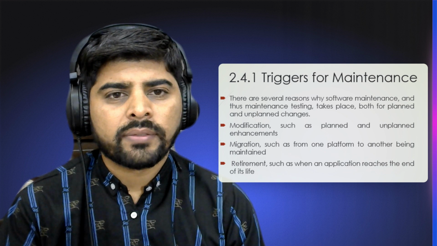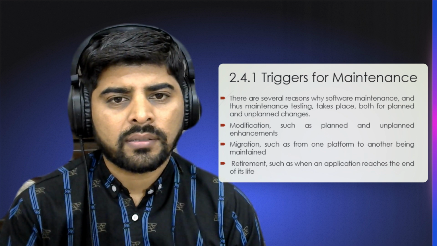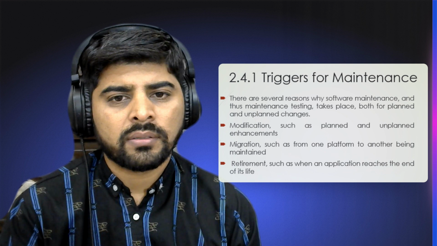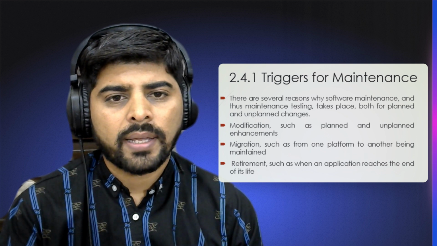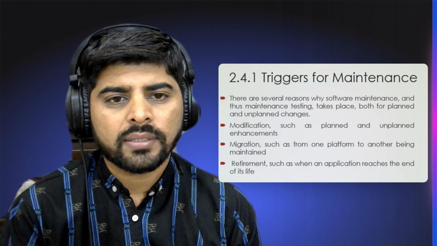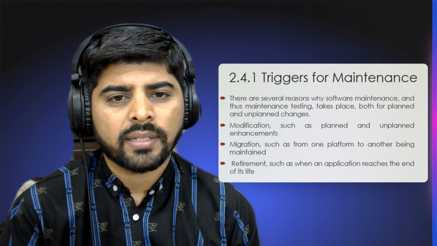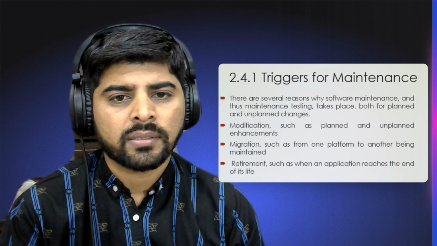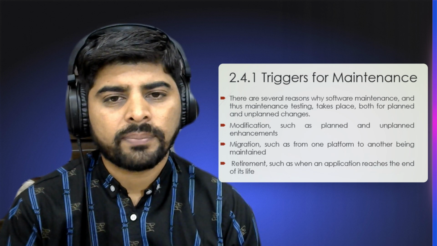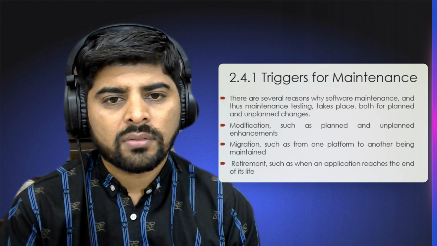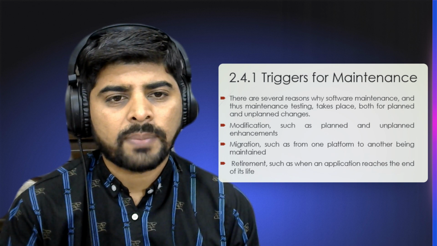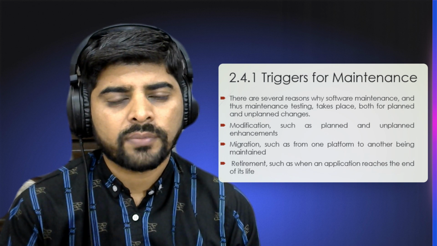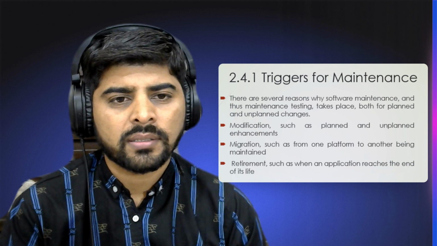There are some triggers for maintenance testing, for example, planned modifications. There are several reasons why software is maintained and thus maintenance testing takes place, both planned and unplanned. So there can be modifications such as planned and unplanned enhancements, and planned releases.